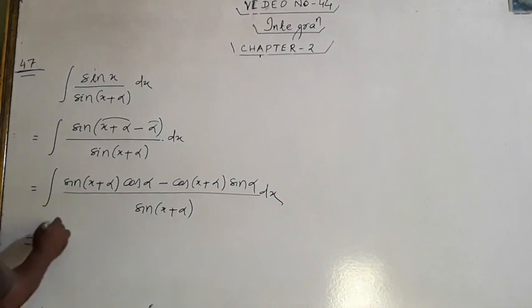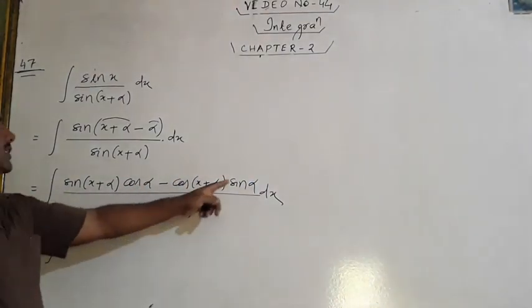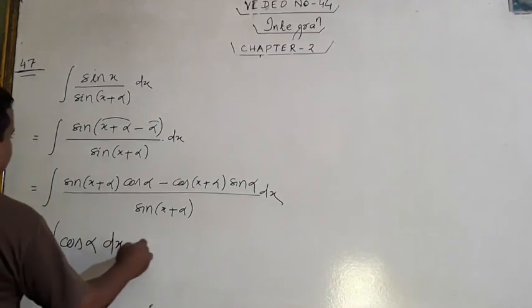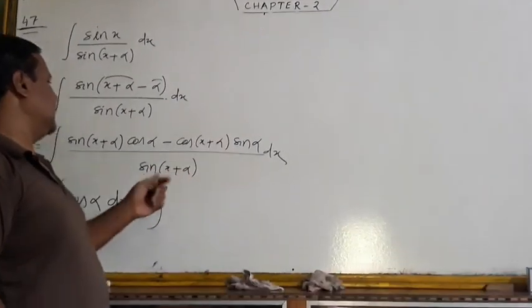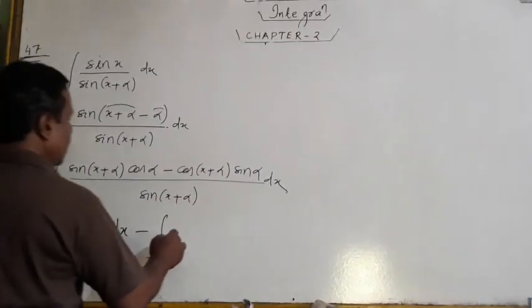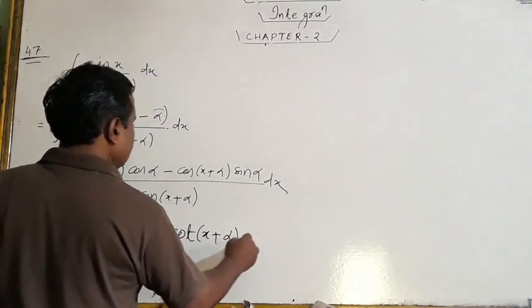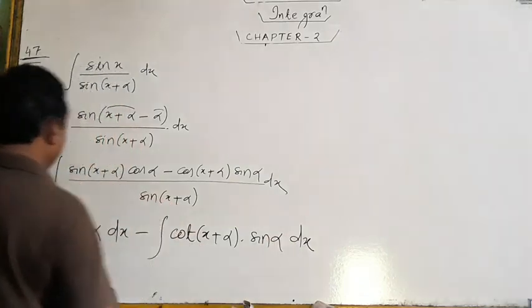It is what? Integration sin a cos b minus cos a sin b. You should divide this to this. Result is what? Cos alpha dx minus, when you divide this part with this, it becomes what? Cot x plus alpha into sin alpha dx. Now look at here.